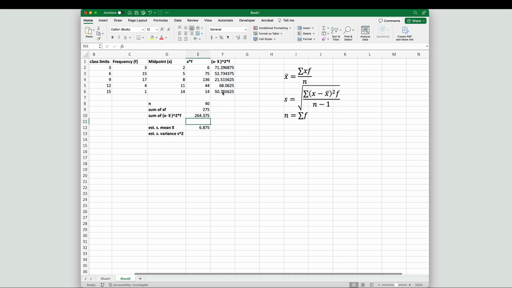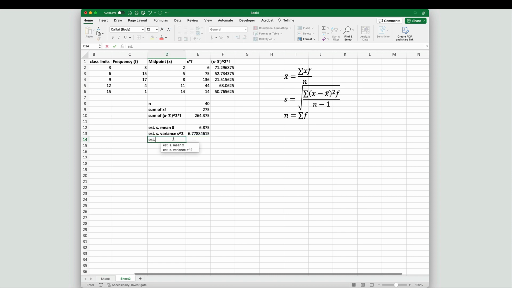That's the numerator. Then the variance will equal that number we just computed, 264, divided by my 40 minus 1. Make sure you put parentheses around there, otherwise order of operations will give you a different value. We get a variance of 6.787, and so on.